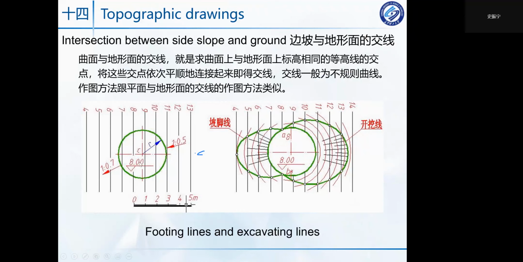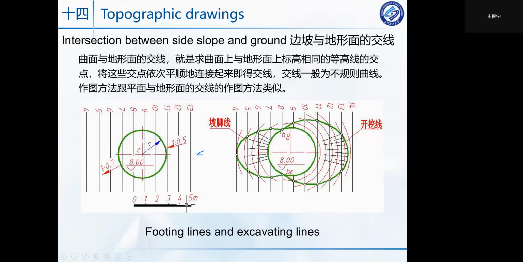You can see this elevation is 8, and because we have to keep it stable, we have to support this plane and excavate the slope about this plate.